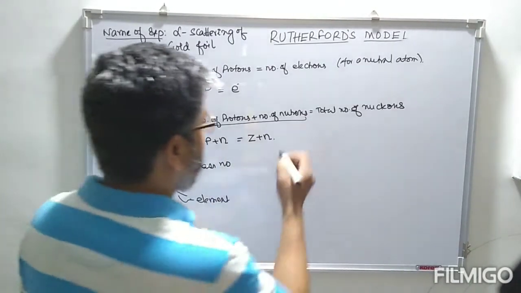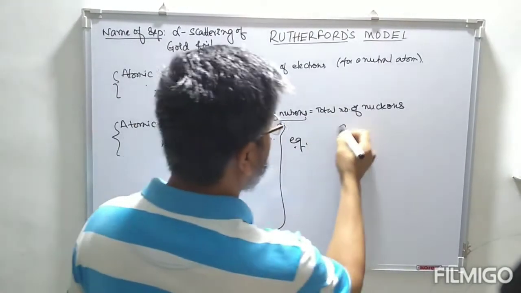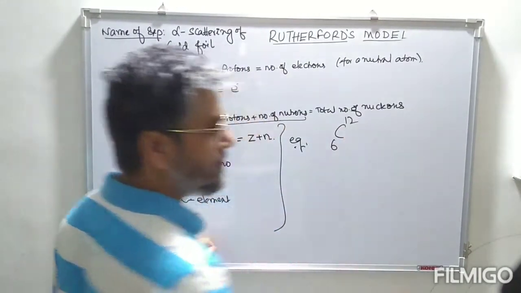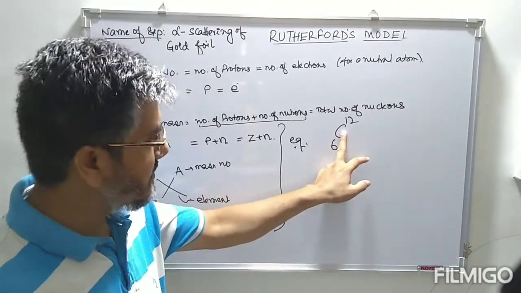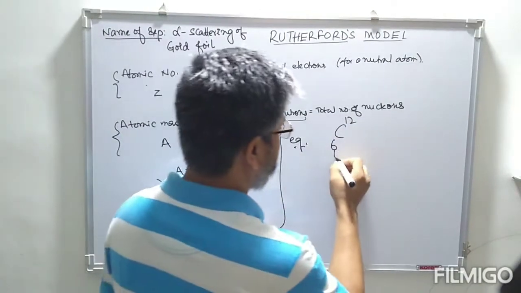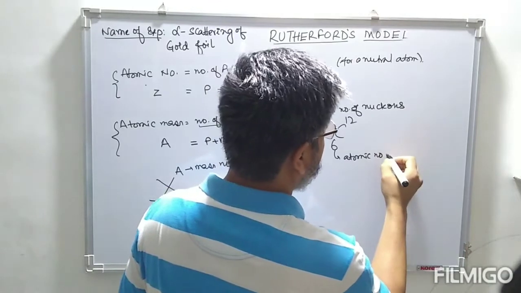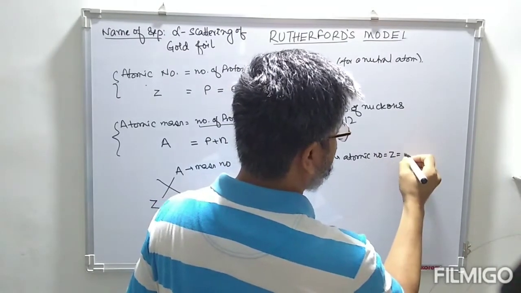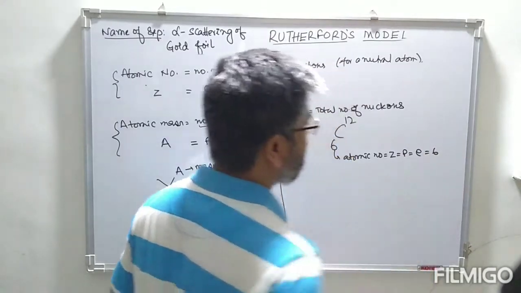So let's see some examples. Look at carbon 6, 12. So this is an atom of the element carbon, with atomic number and mass number. The atomic number Z is equal to the number of protons equal to the number of electrons, that is 6.